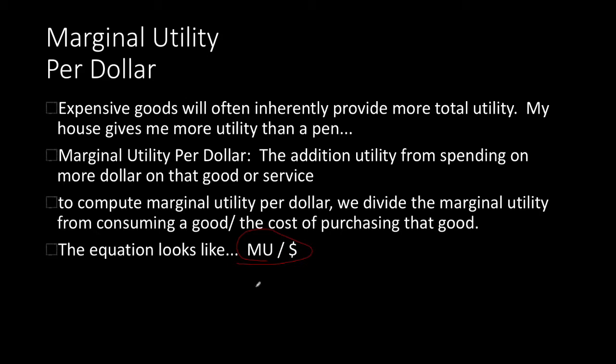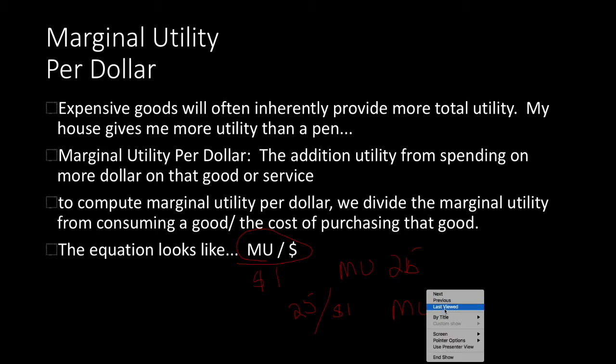Okay? So what that's going to look like is marginal utility over price. So let's say, for example, I'm looking at something that costs, I don't know, $1. And it gives me a marginal utility of 25. So I'm going to set up my formula like this: 25 utils over $1. My marginal utility per dollar equals 25.